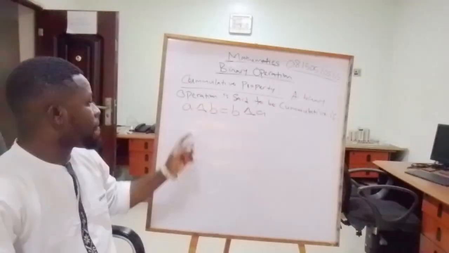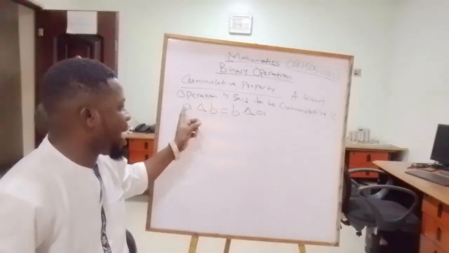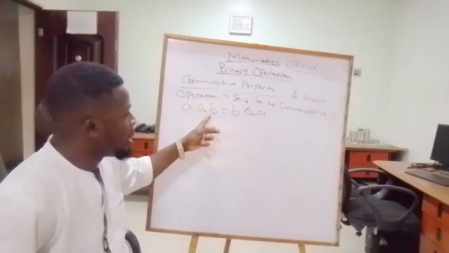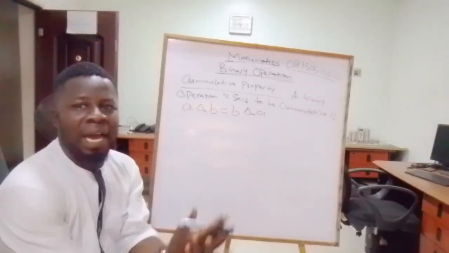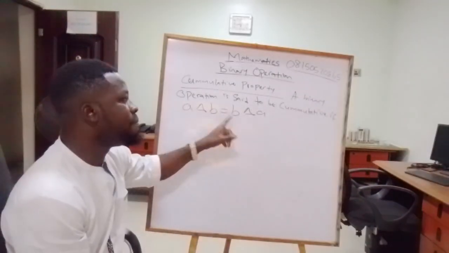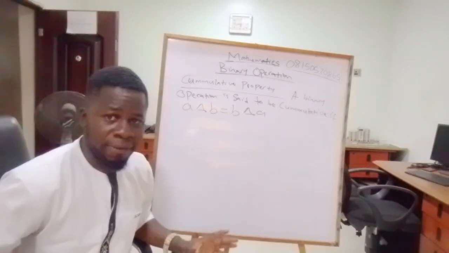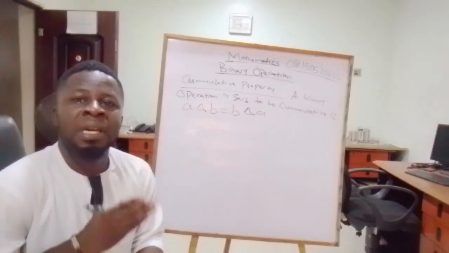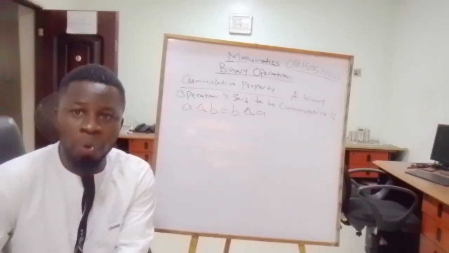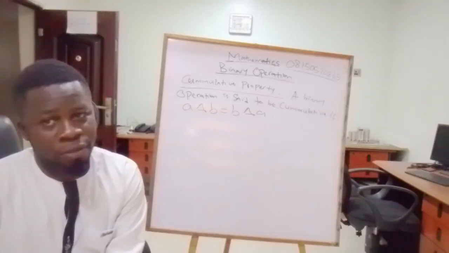If you operate A on B, and it gives you the same answer as when you operate B on A, then you say it is commutative. Naturally, you'll be given the binary operation law that you are meant to follow.